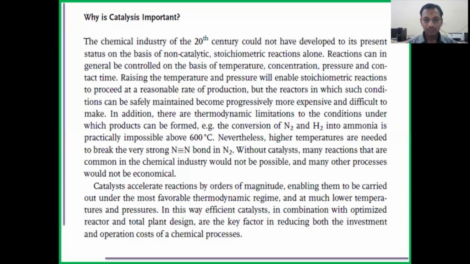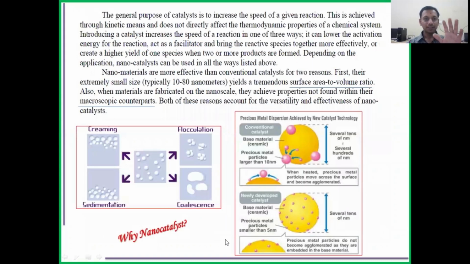See here, in this way, an efficient catalyst in combination with optimized reactor and total plant design are the key factors in reducing both the investment and operation costs of a chemical process. So in this way, the nanocatalyst comes into the picture, and by using a nanocatalyst with extremely small size, we can increase the surface area to volume ratio, and this is a very important parameter.